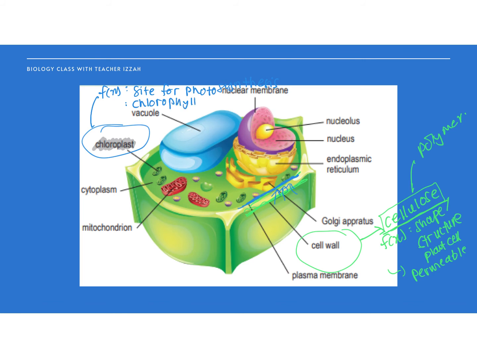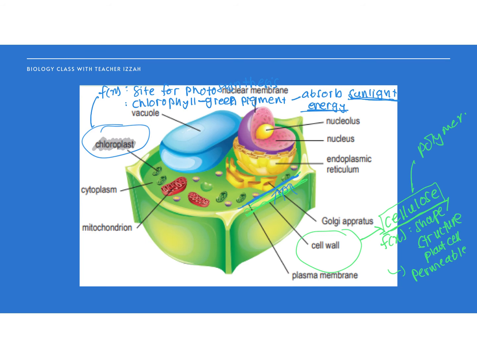Chlorophyll is the green pigment in the chloroplast that can absorb sunlight energy. When you go to a higher level, you cannot write just sunlight, you must write sunlight energy. It will be absorbed by the chlorophyll and then it can do the photosynthesis process. So that is the chloroplast.